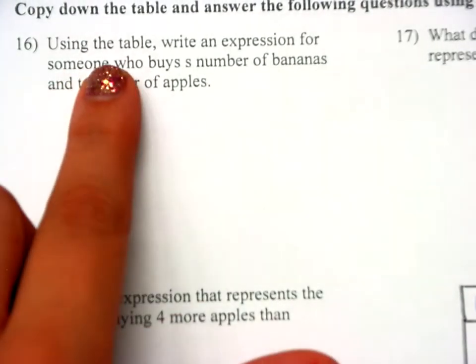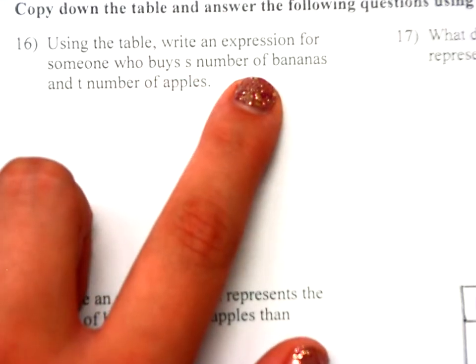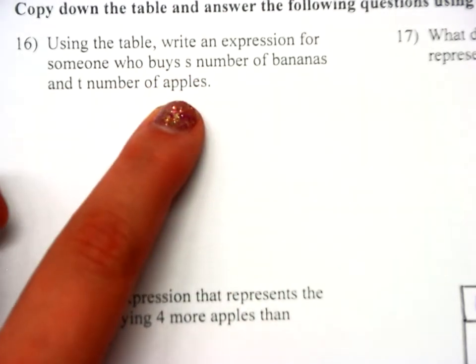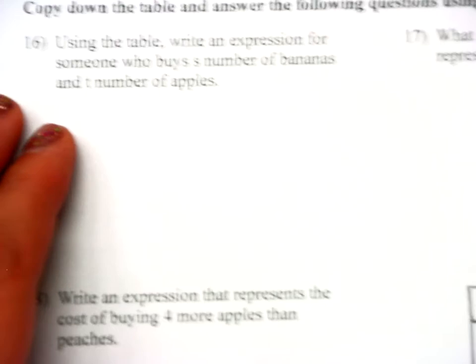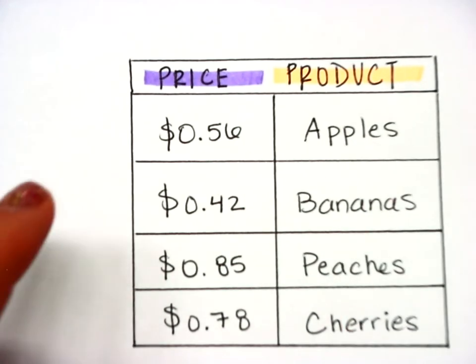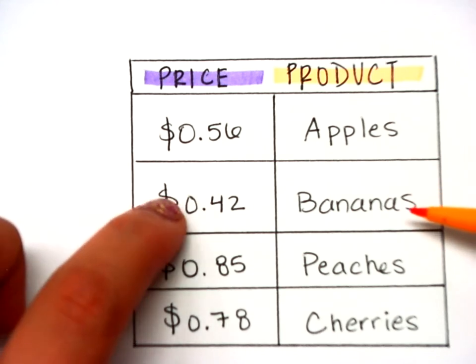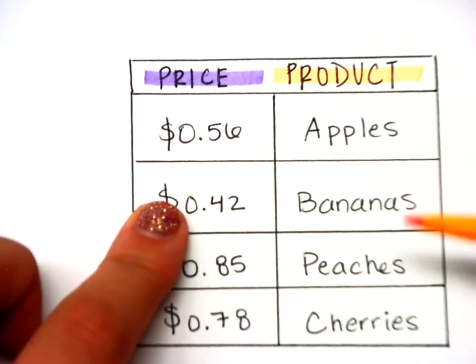It says, using it, write an expression for someone who buys S number of bananas and T number of apples. So if someone buys these products, well, it's going to cost a certain amount. So if I buy S number of bananas, I've got to take the price of them and multiply it by how many I buy.